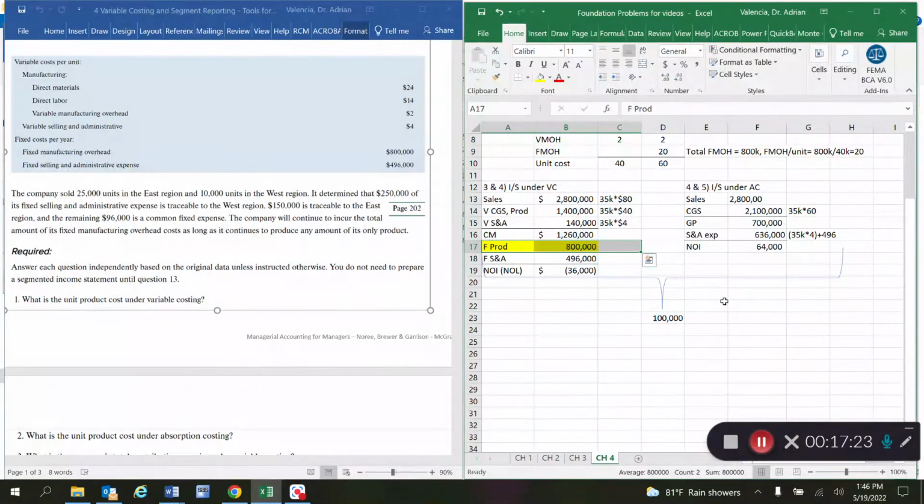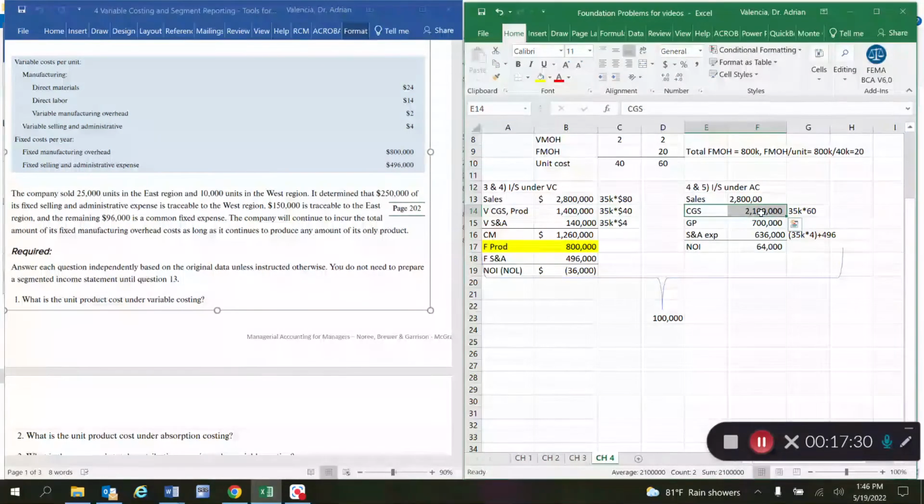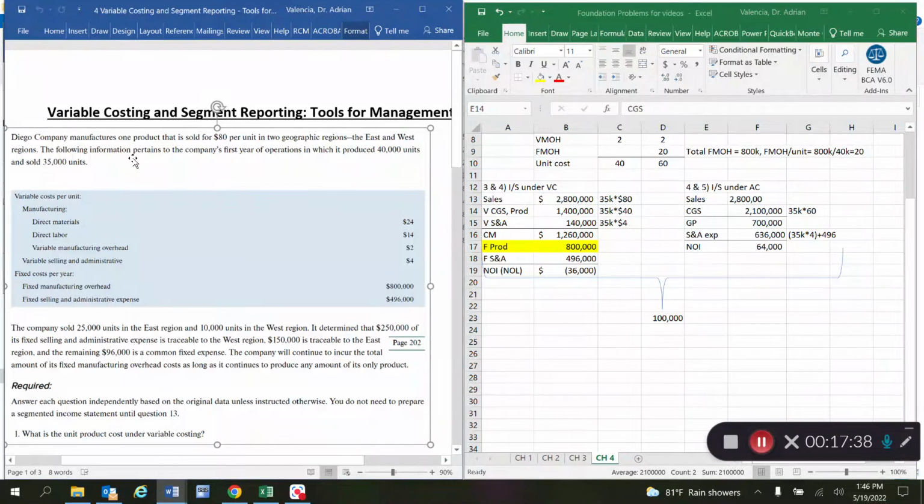And under absorption costing, we're always expensing all the product costs, but do keep in mind that since we made more than we sold, more specifically, we made 40,000 units and we sold 35,000 units, there's 5,000 units right here. The difference between these two, there's 5,000 units in inventory, which are keeping in inventory part of this $800,000. And the question is, how much of it? They're keeping $100,000 in inventory as opposed to expensing.